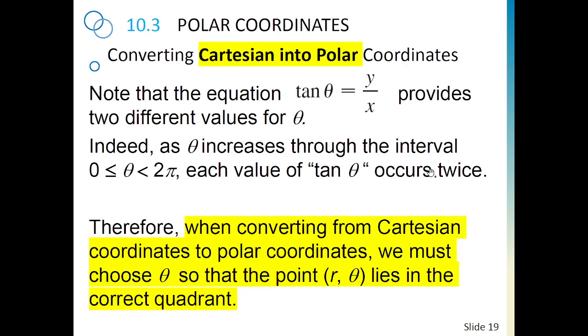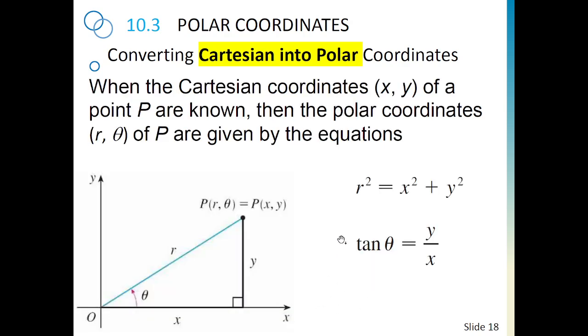Now what will happen is the tan inverse, you can have two different angles that can give you the same answer, right? So basically we need to be careful to see in which quadrant we are. So the angle needs to be chosen in such a way that we are in the correct quadrant. So again, here we know that when I take the square root, I can keep just the positive part or the negative.